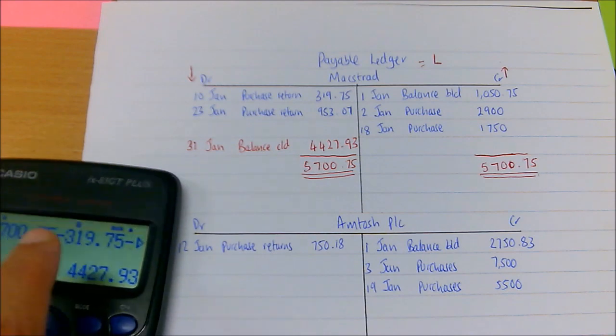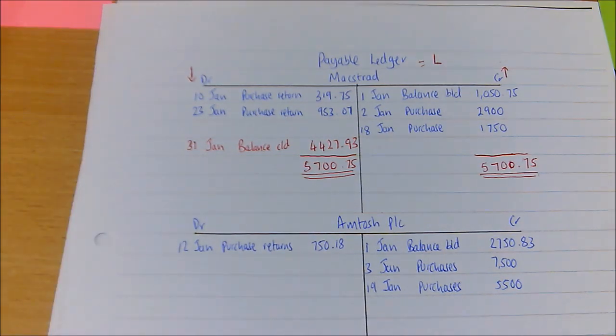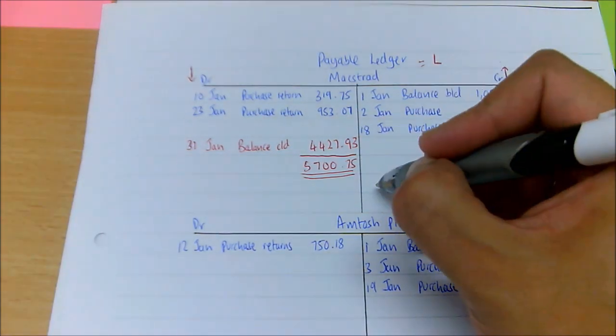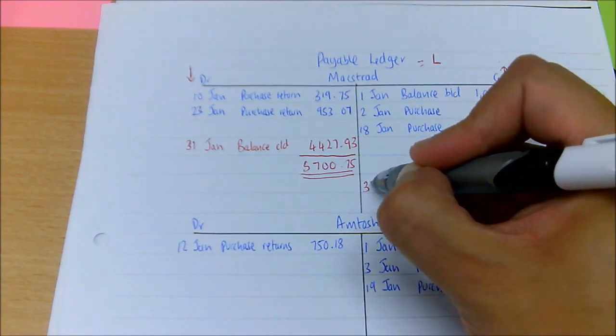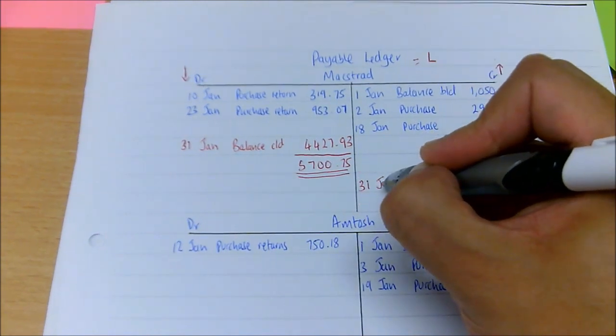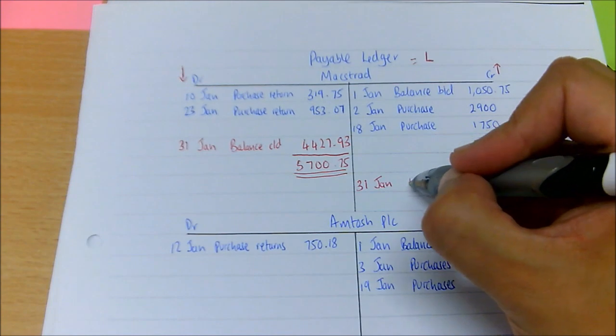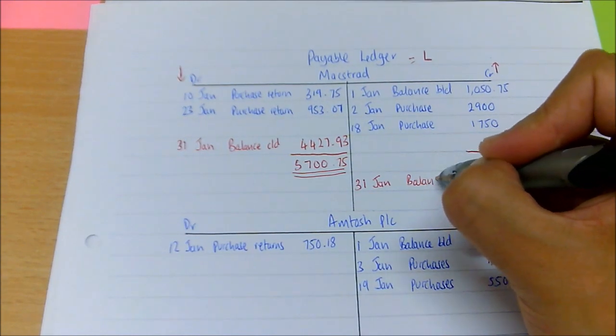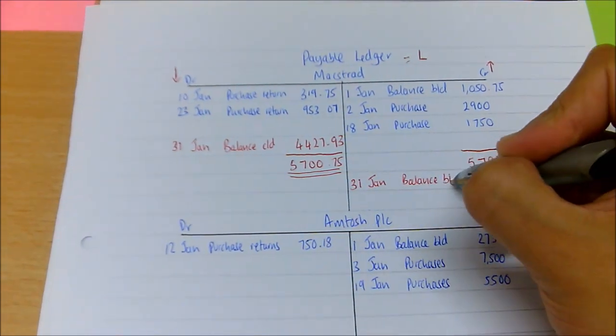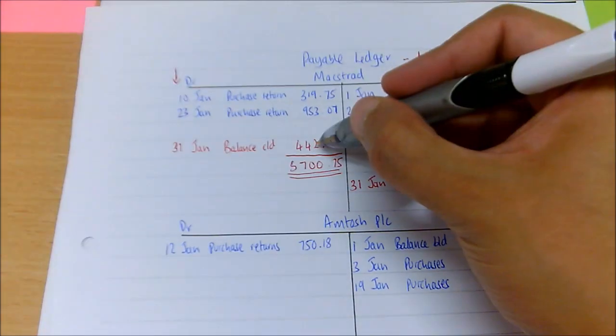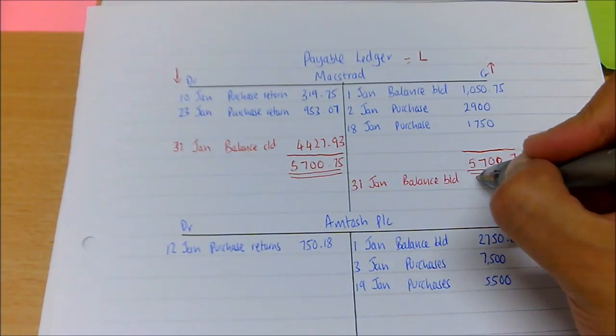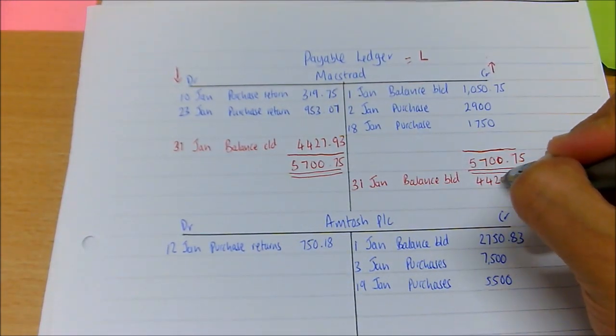This balance is then transferred to the opposite side, but it is called the balance brought down, and this is always below the total. The carried down is always above the total, this is always below. The amount is the same.